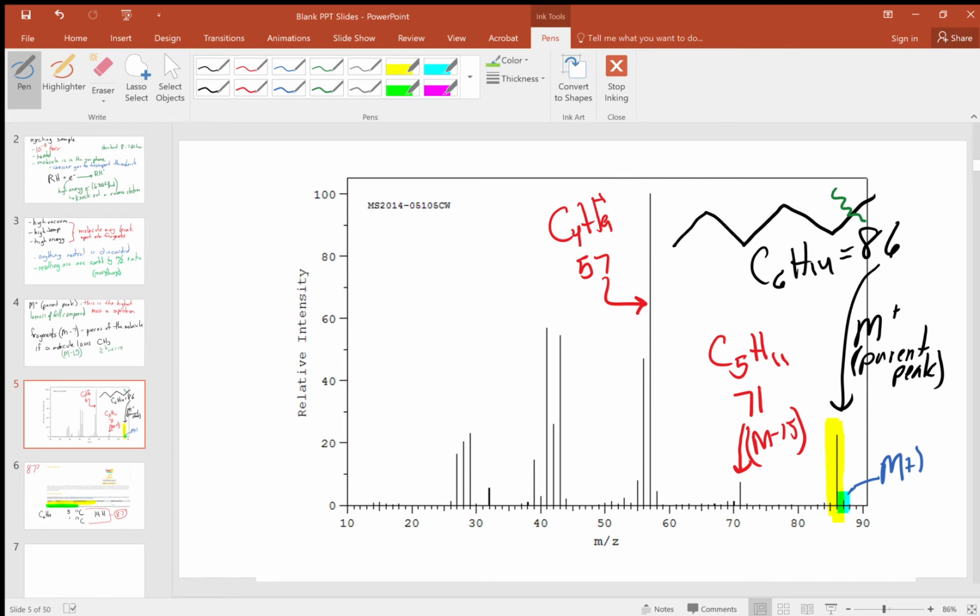We could cut off 3 carbons. That would get us to C3H7 plus, which has a mass of 43. And finally, we could cut off 4 carbons and go to C2H5 for a mass of 29.